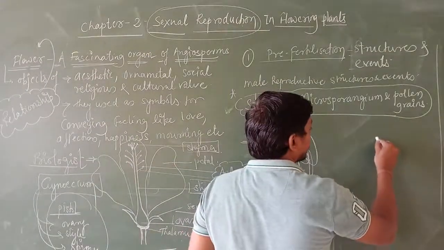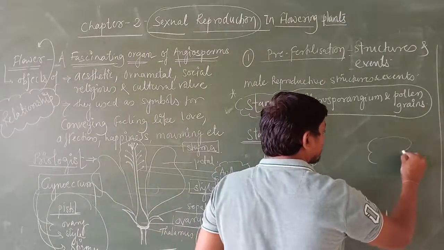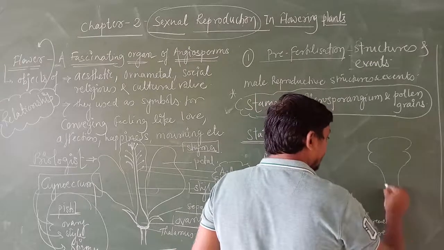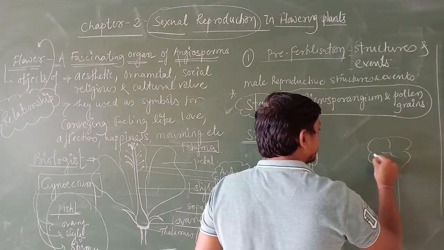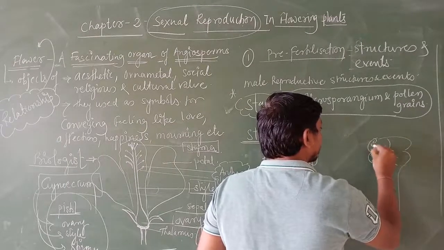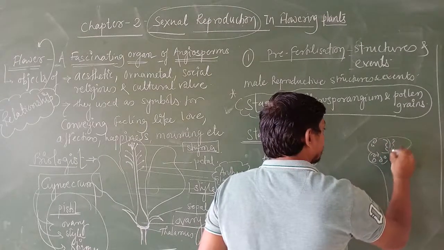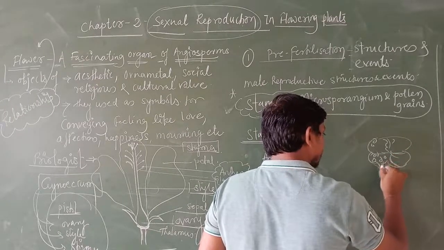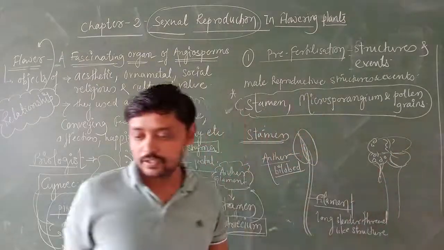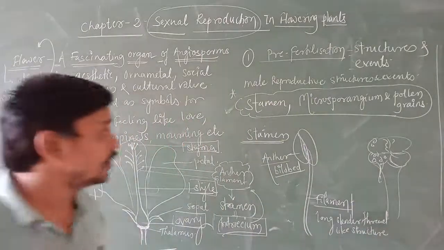When we take a section of an anther, at that time we are going to find four chambers, like this.